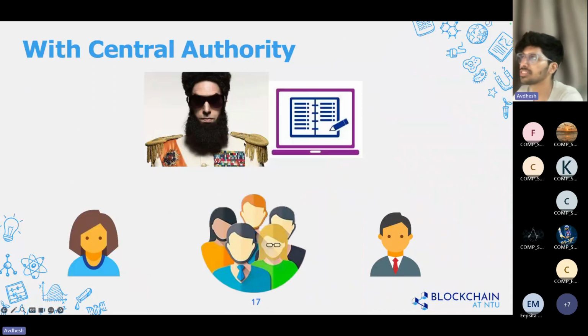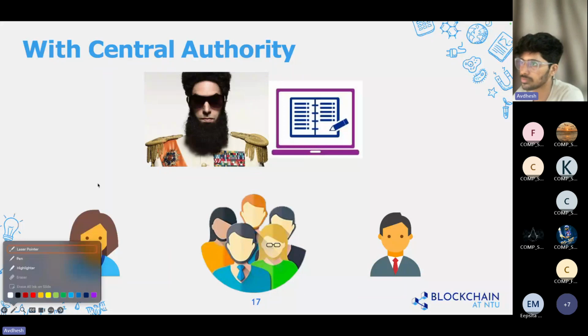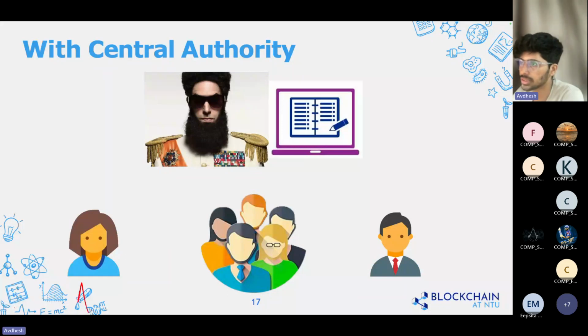You must have seen the movie Aladdin, and the dictator of an imaginary world called Wadia. Basically, in a central authority, if you are closer to the people in power, you get access to a lot of resources, or maybe an unfair advantage. In this example, let's suppose Wadia is a friend of Alice and an enemy of Bob.